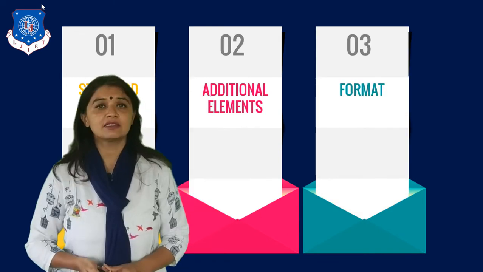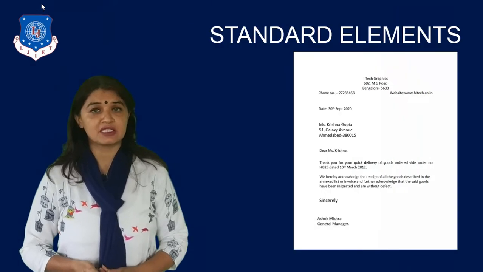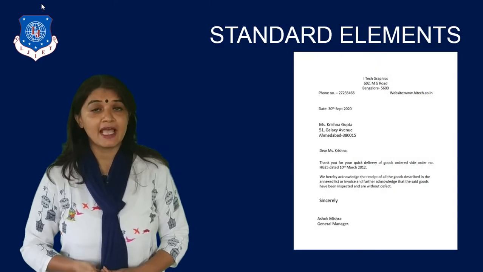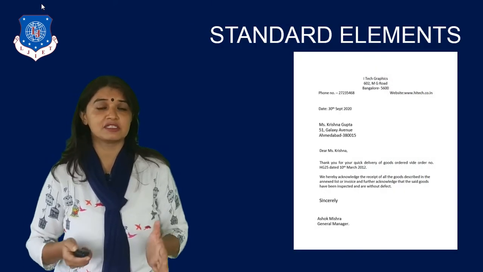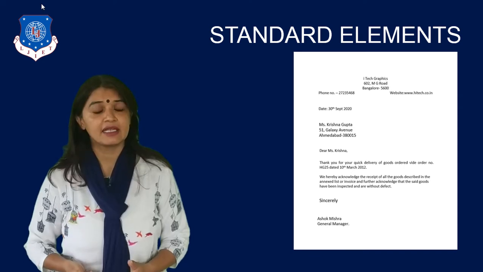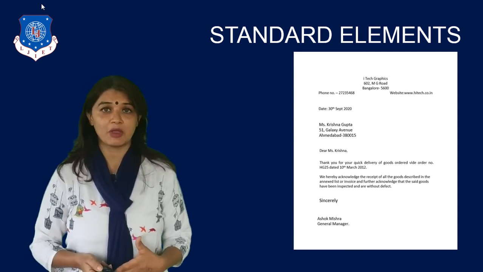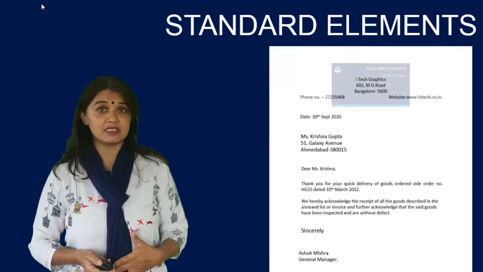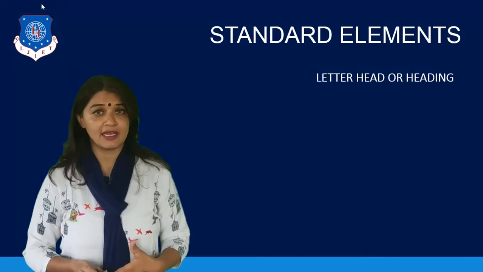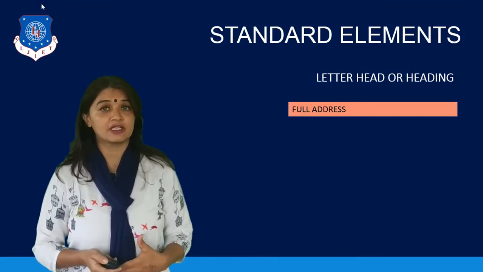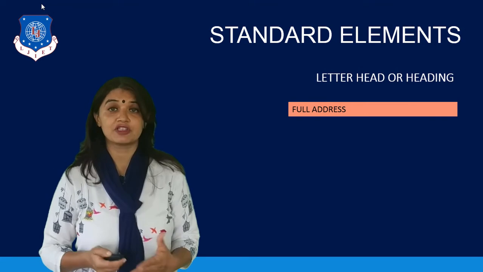Now, let us see what are the standard elements of a business letter. So, as you can see, this is how a business letter looks like, and these are the standard elements. So, let us see them one by one. The first element is the letterhead or the heading. The letterhead is the full address of the sender.